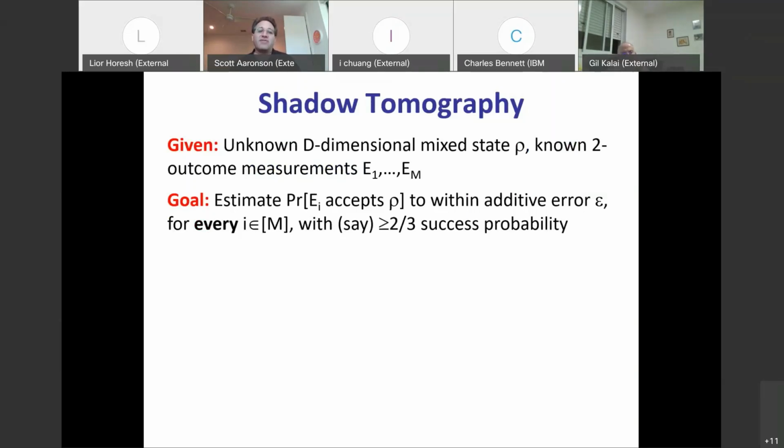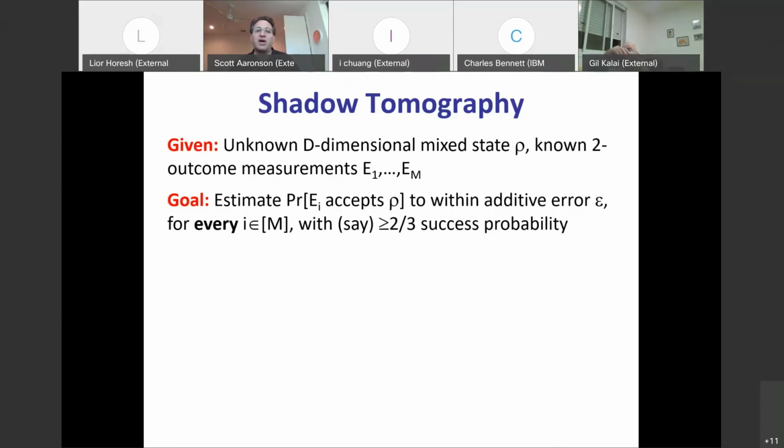We're given an unknown quantum state, a d-dimensional quantum mixed state, call it rho. And we're also given a list of 2-outcome measurements, E1 up to EM. I'll assume that the measurements are known to us, so we know which measurements we care about.